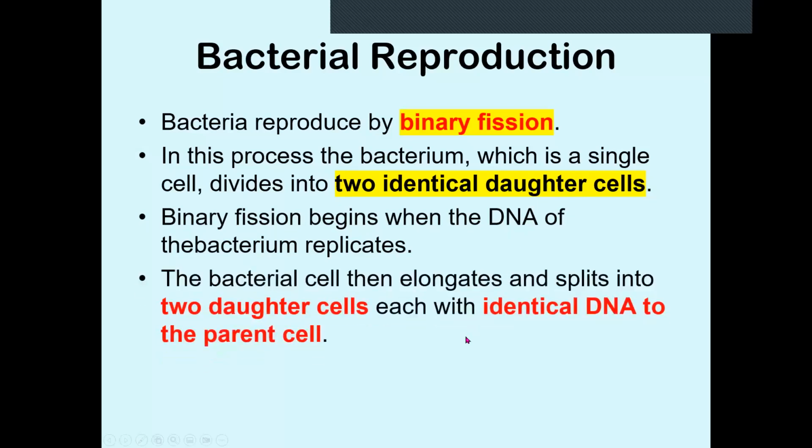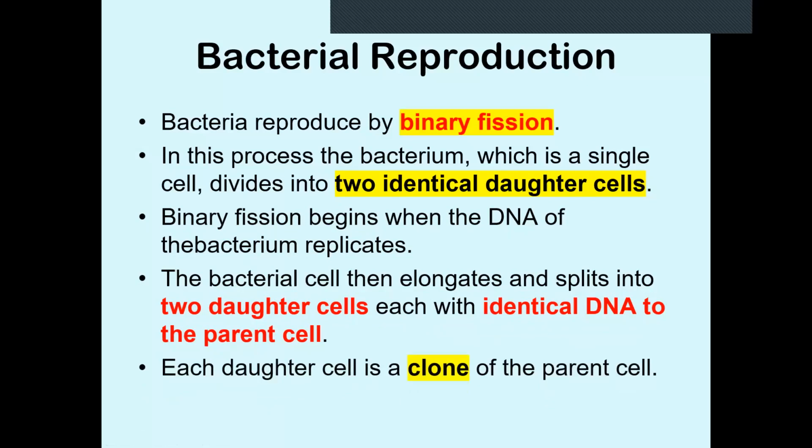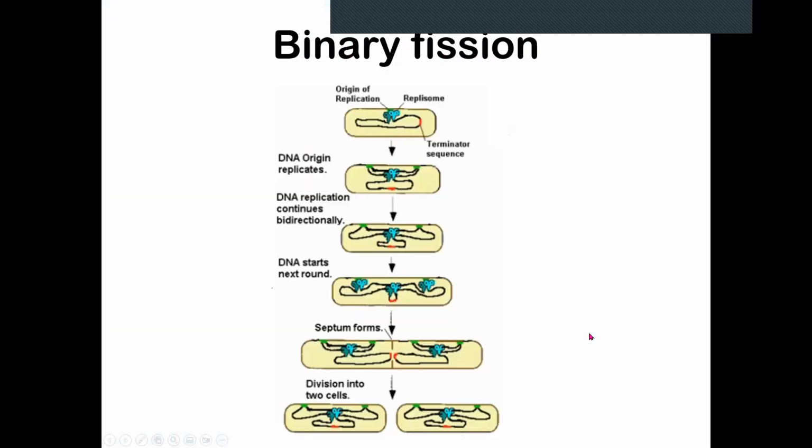The bacterial cell elongates and splits into two, and then they have, of course, all the identical DNA of the parent cell, but also the plasmids, which I should have mentioned here. They reproduce as well very quickly and split and move around. They're slightly different sorts of plasmids, but I won't worry about that. Now, each daughter cell is a clone of the parent cell, identical.